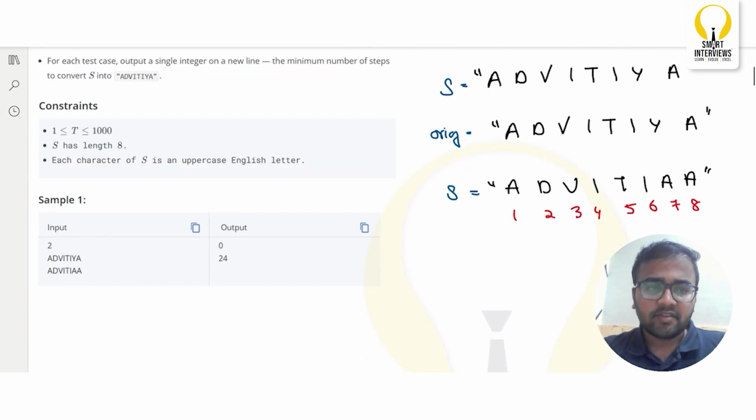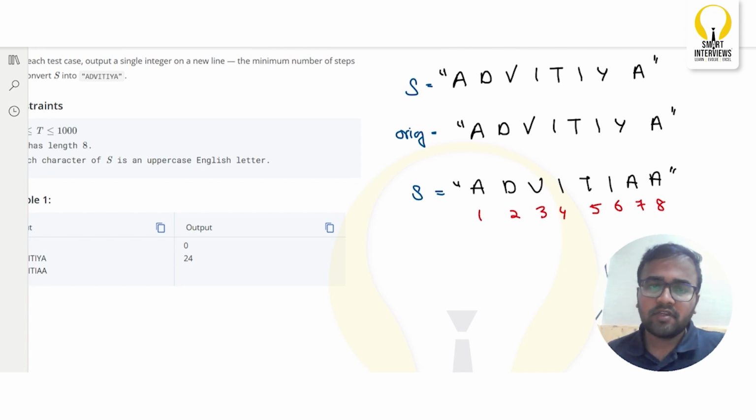Let us understand the second example. So the given string is this. We need to convert this string to our original string in the minimum number of operations. So let's see. Do we need to convert this a? Not required, because this is already the same. So you need not do anything here. What about the rest?